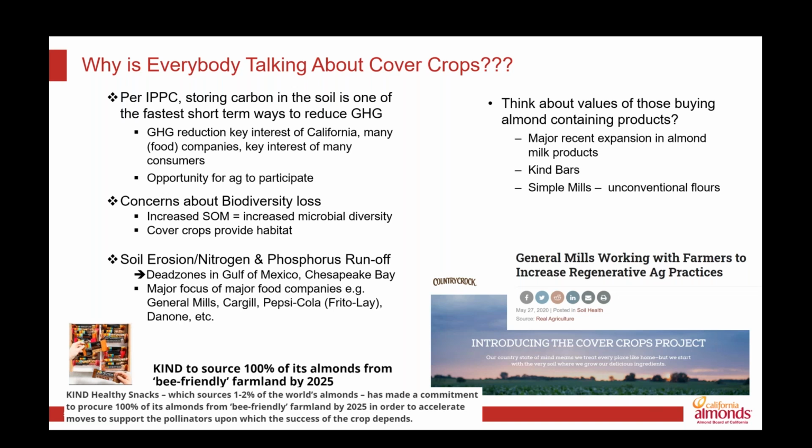And a key one has been milk substitute products, whether almond milks or almond yogurt, etc. Kind bars, or there's Simple Mills that makes unconventional flours. And so when you think about the value systems of the kind of people who buy those kinds of products, they tend to be what we in our marketing world tend to call our sustainability seekers.